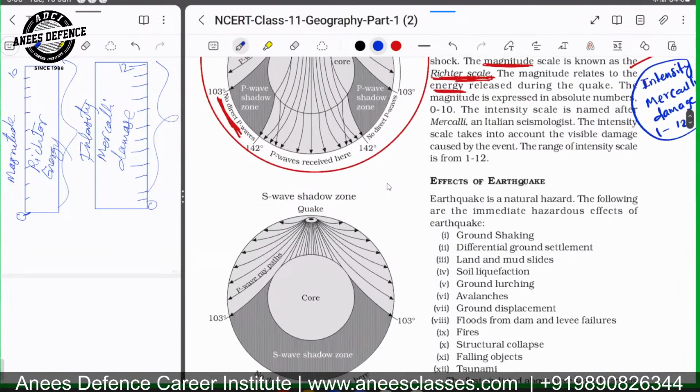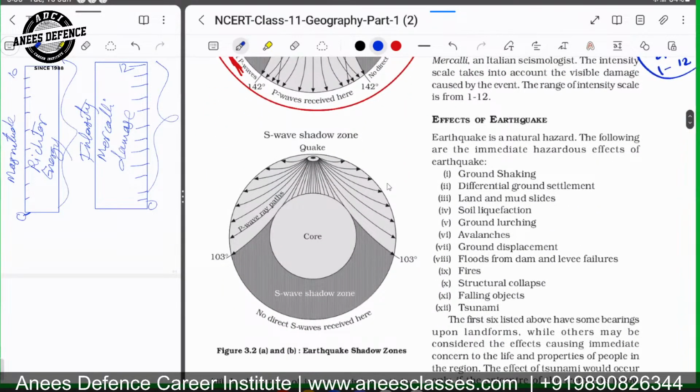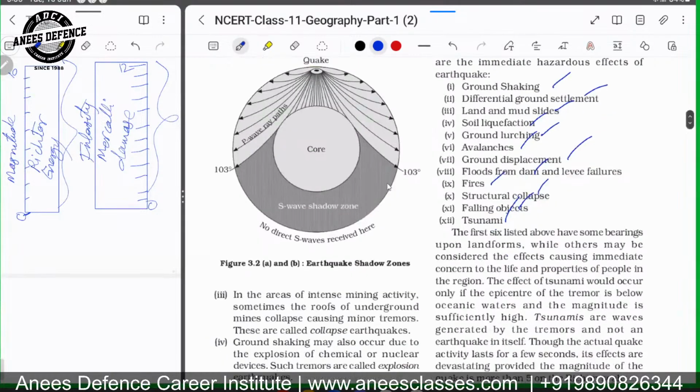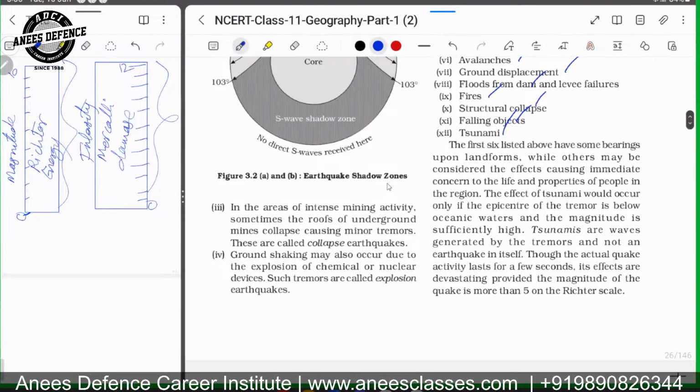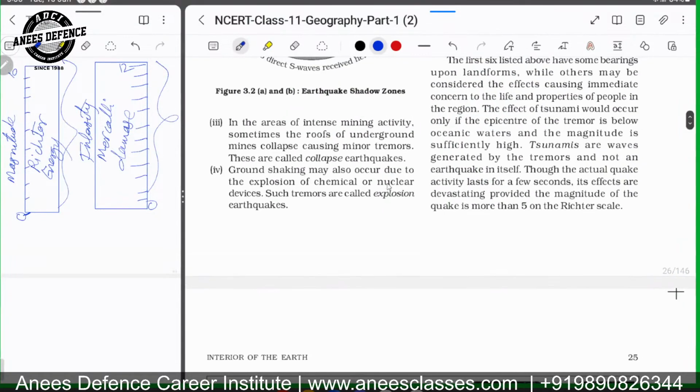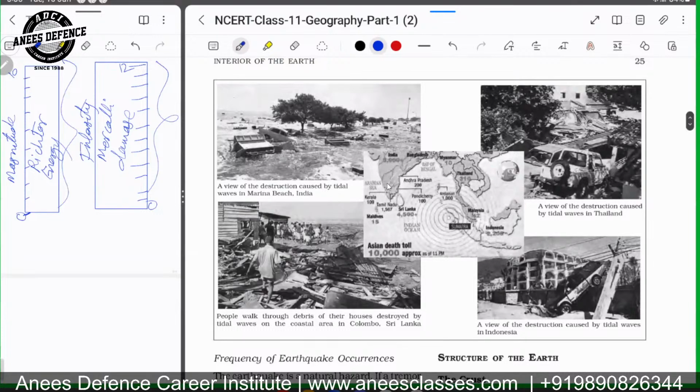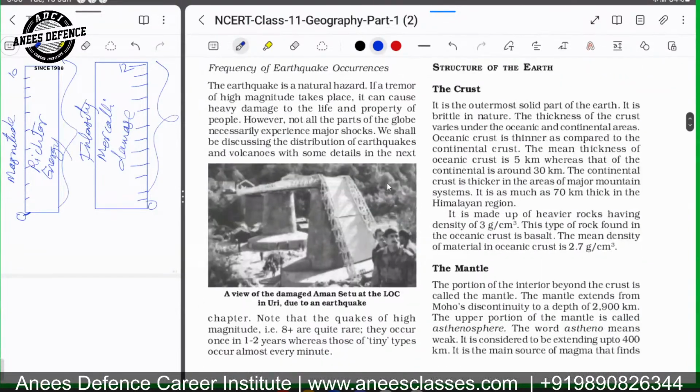And there are different effects of earthquake: ground shaking and different ground settlement, landslides and mudslides, soil liquefaction and soil lurching, avalanches and displacement, and floods, fires, collapses, tsunami, etc. You know all of this. These are the impacts.